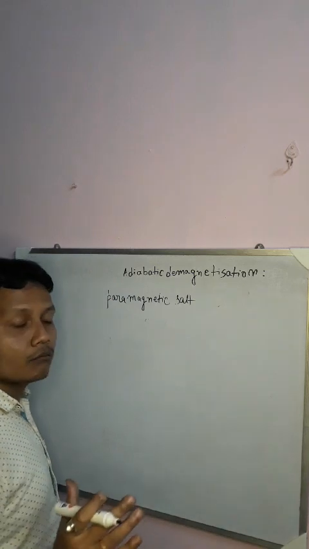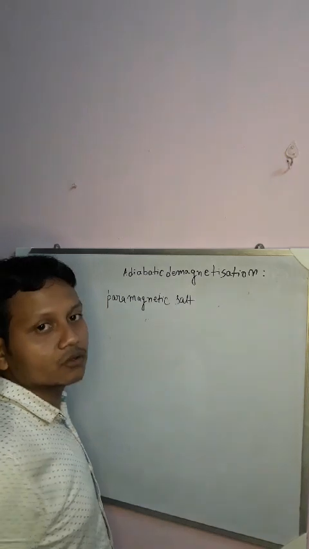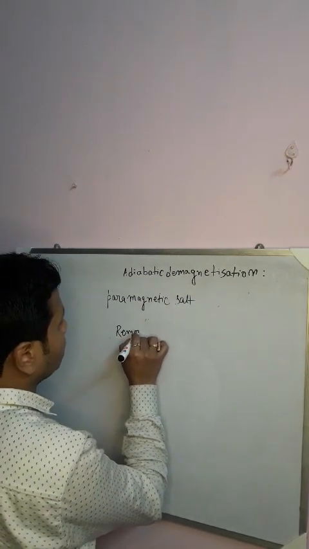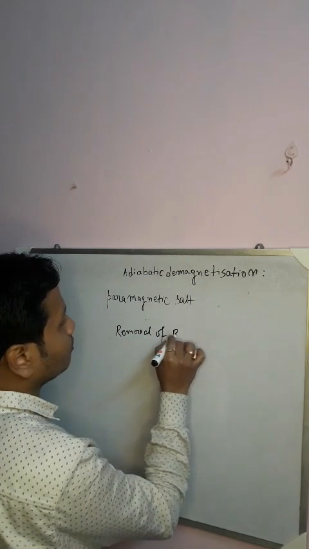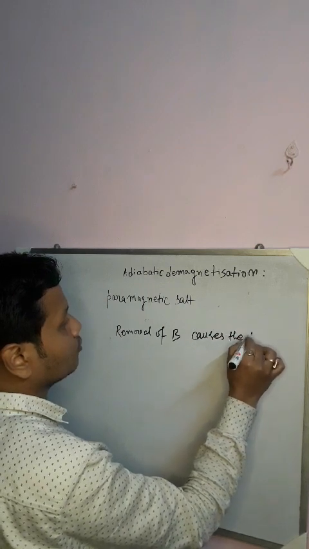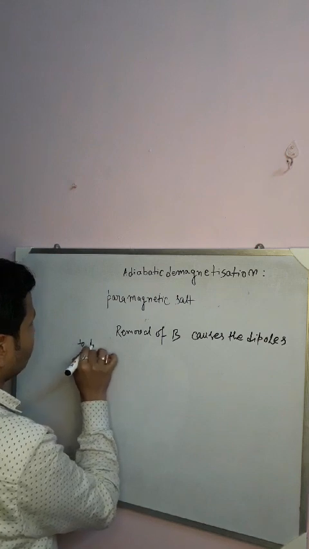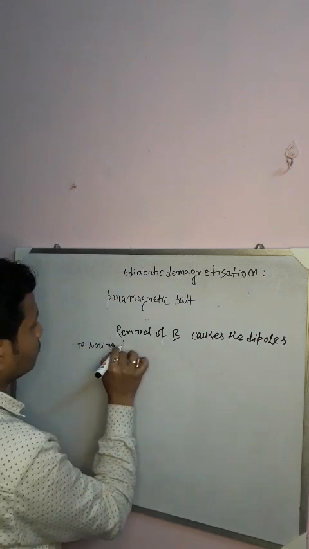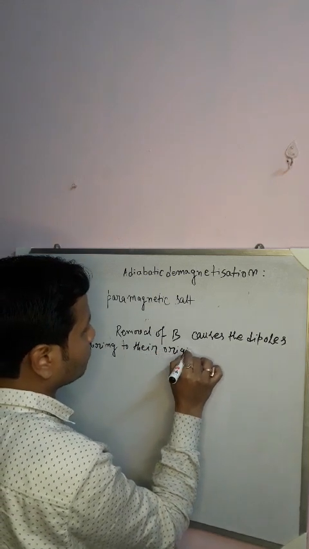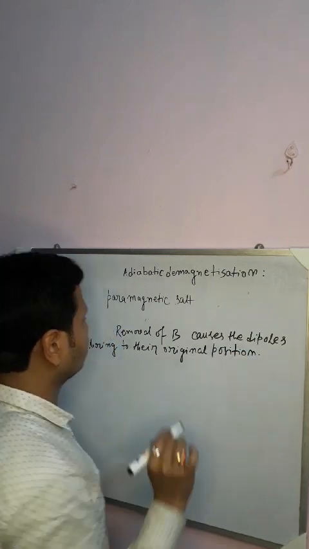Now if the magnetic field is suddenly switched off, the removal of B causes the dipoles to return to their original position.